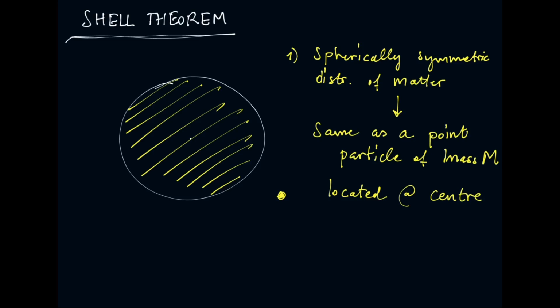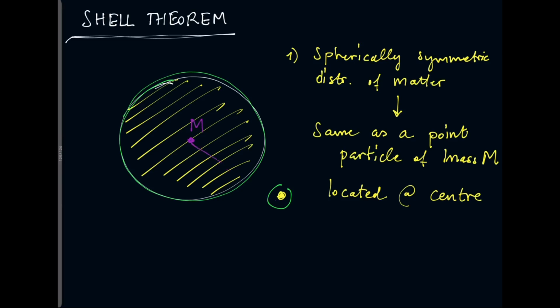So as far as an external mass is concerned, this extended, maybe humongous, but spherically symmetric object is the same as having simply a point particle at its center attracting it. Maybe let me draw it better. There you go. It's the same.